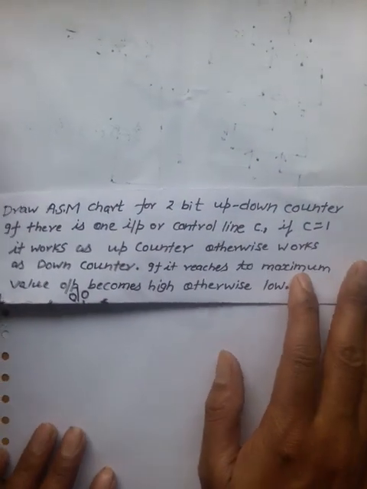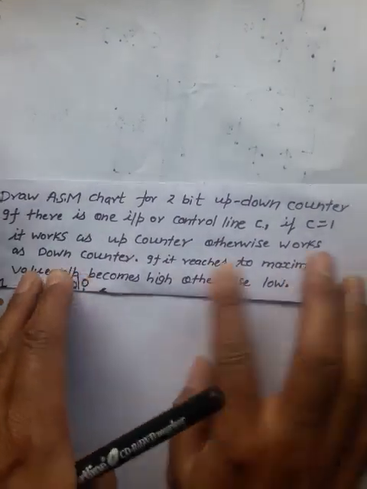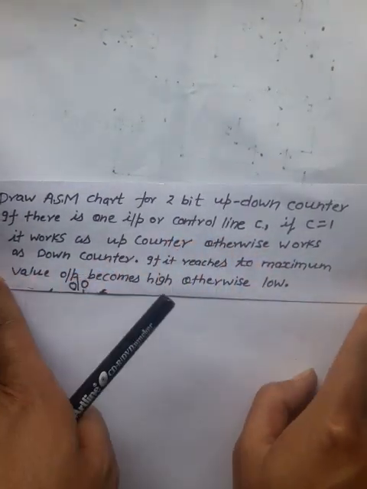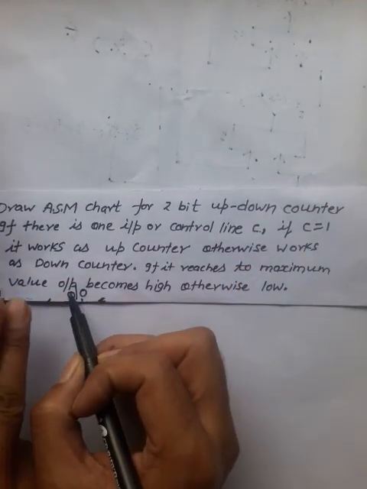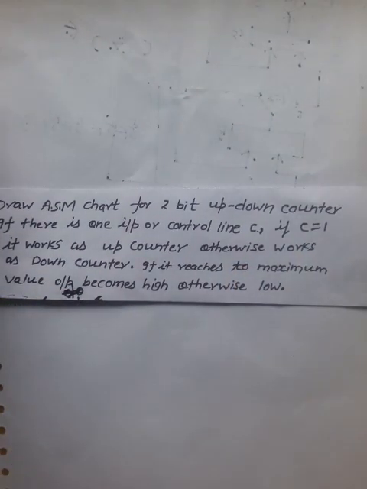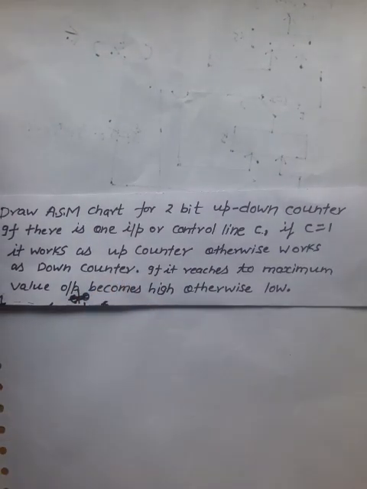Suppose this is your question. Draw ASM chart for 2-bit up down counter, and it has one control line C. If C equal to 1, it works as up counter, otherwise it works as down counter.